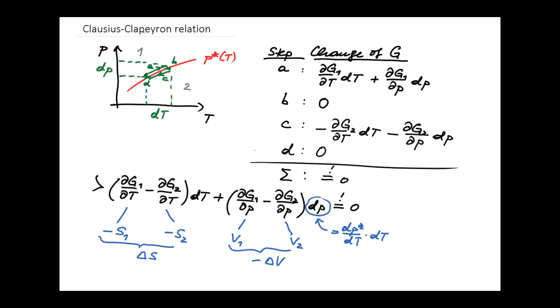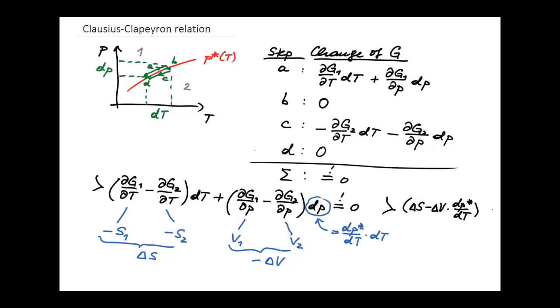So in this form, this condition implies that delta S minus delta volume times the slope of the coexistence curve, times dT, must be equal to 0.